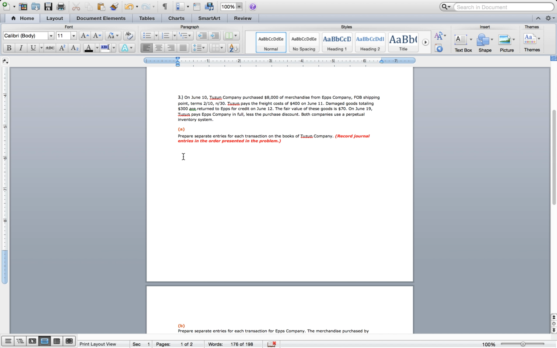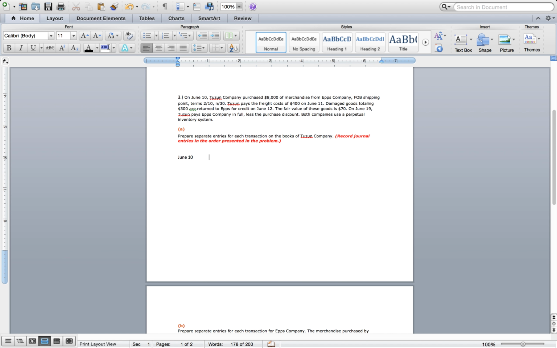Number 3 here says, on June 10th, Townsend Company purchased $8,000 from EP Company, FOB shipping point. Terms is 2/10, n/30, pays freight costs. Damaged goods returned, and so on. Okay. Well, the first entry we need to record is the inventory we purchased on June 10th.